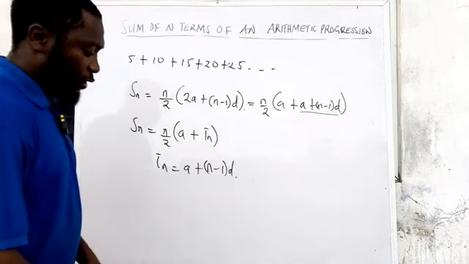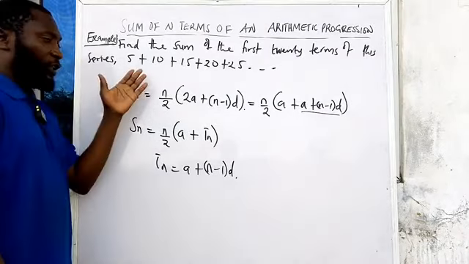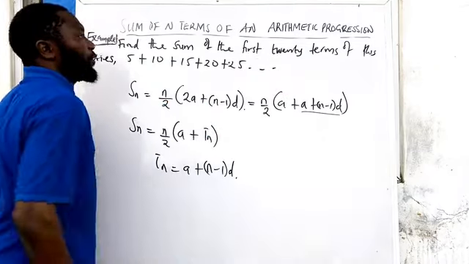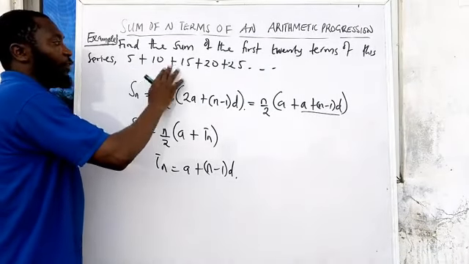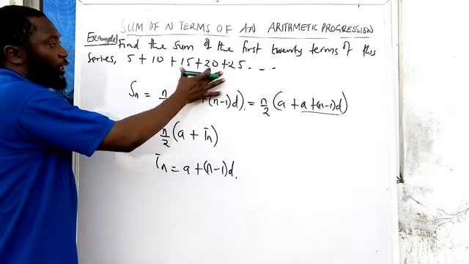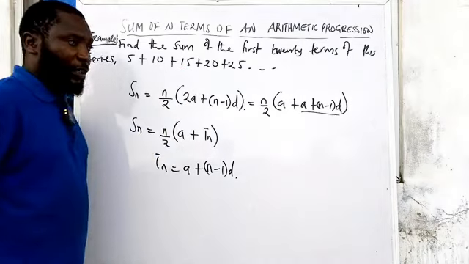Now we shall consider the application. And here is one example. The question says find the sum of the first 20 terms of this series. Now look at it, before you find the sum of n terms of this series, you have to check, is this an arithmetic series or a geometric series?